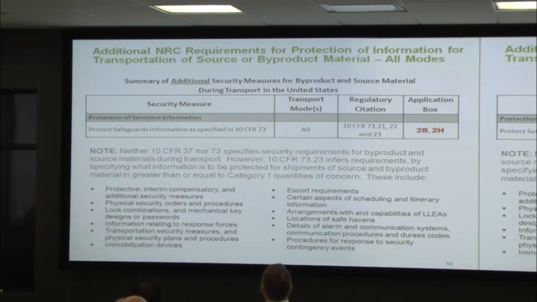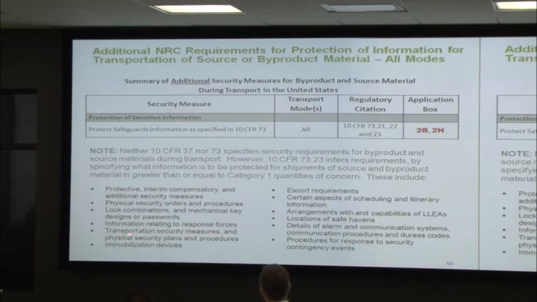So from a security standpoint, if I were making a shipment with these materials, I would recommend looking at that specific text and making sure that I have in my transport security plan the types of things that are shown here, such as locks on the freight container or the closed truck, mechanical key designs or passwords, and have proper control over those.